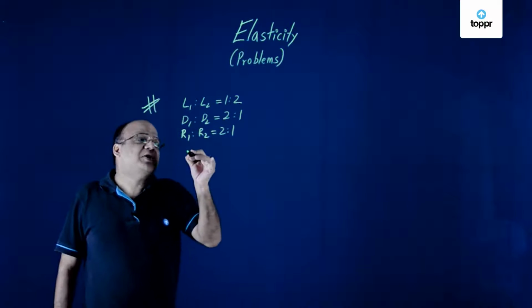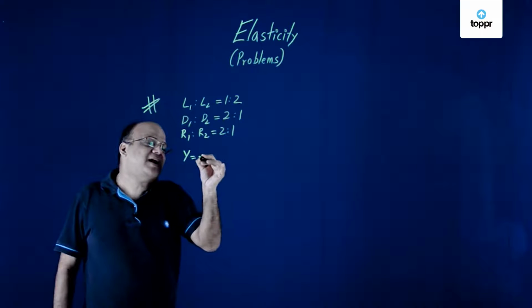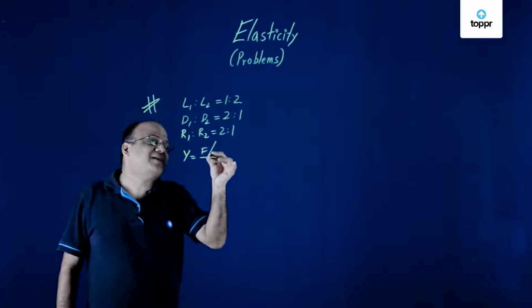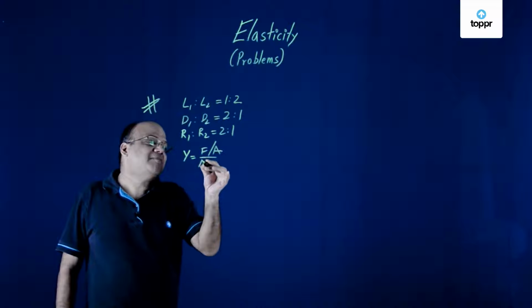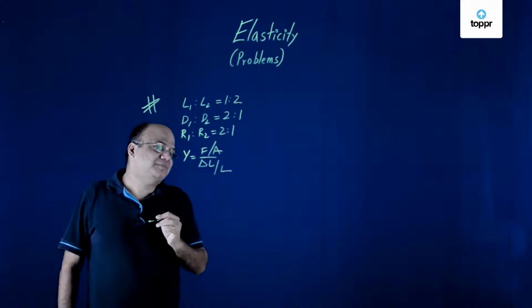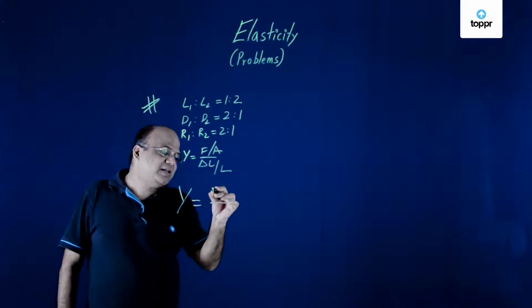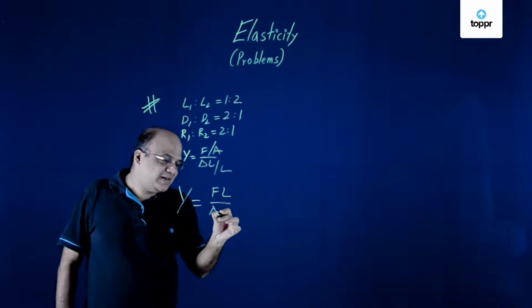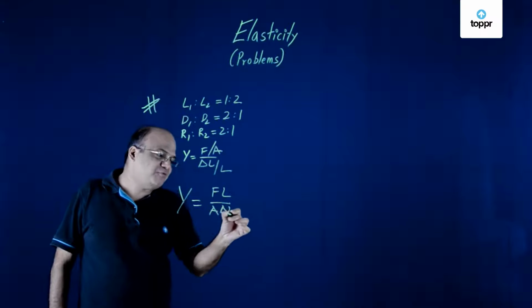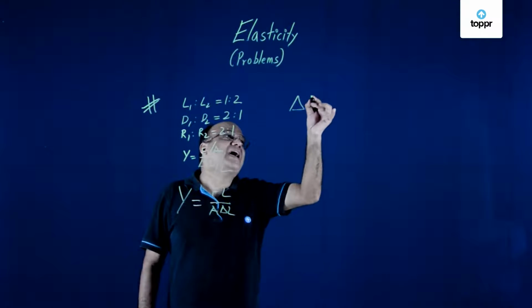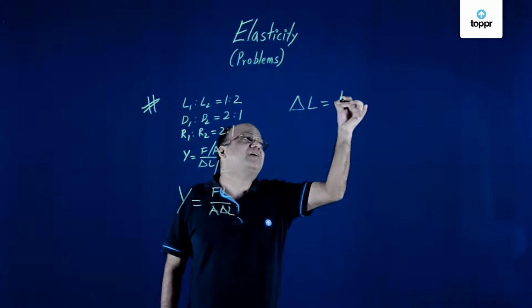Now, we know that Young's modulus is given by stress by strain, force upon area by delta L by L. So therefore, Y becomes FL by A delta L, and therefore, delta L is FL by AY.